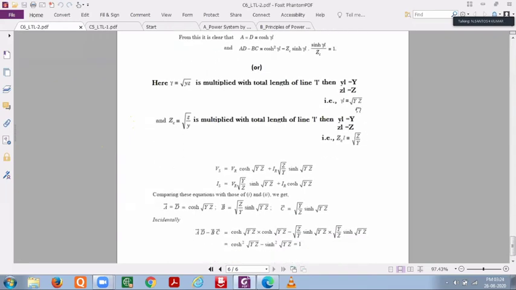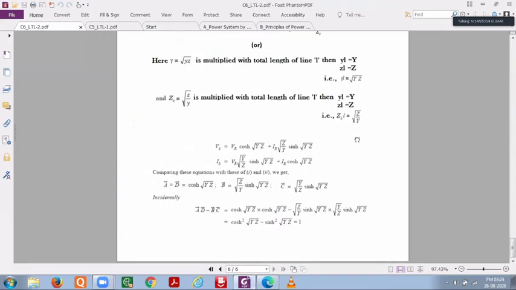It will look simplified like this: Vs equal to Vr cos root YZ plus IR into root Z by Y sin root YZ. See the terms, in both equations we have admittance and impedance, so that while solving numericals it will be easy. That's it, nothing different in that.